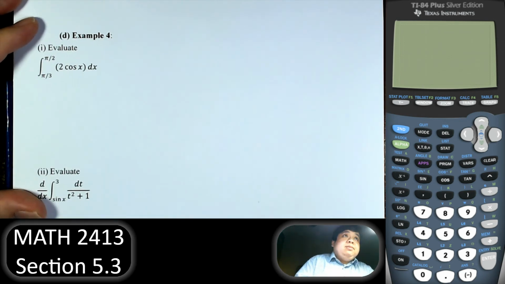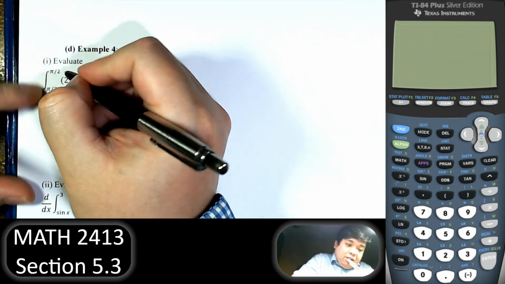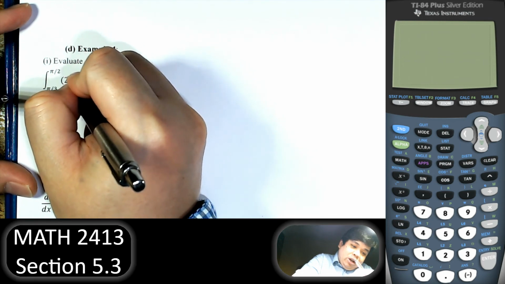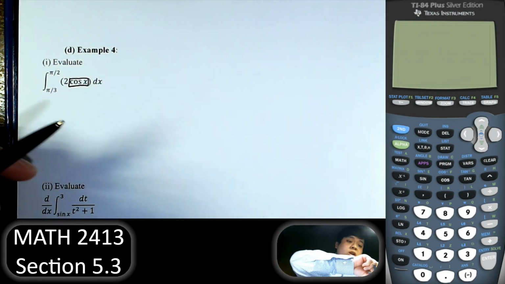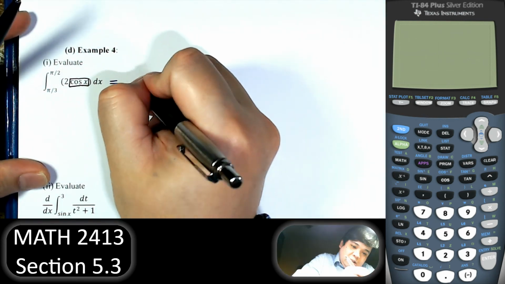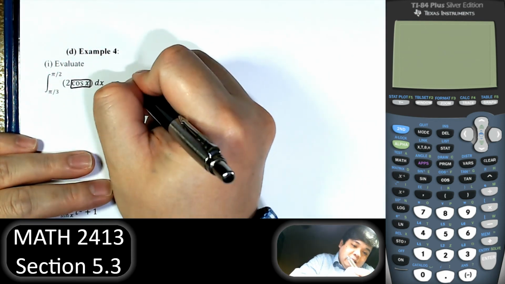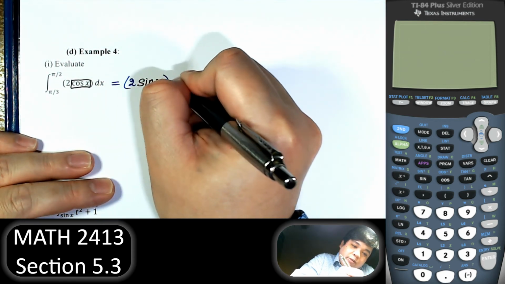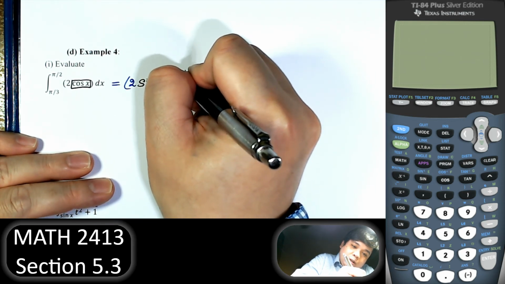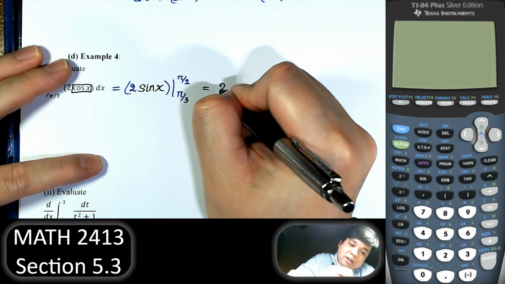Evaluate this. First, we don't have the limit or the derivative here, so this is just the fundamental theorem of calculus. We integrate. The integral of cosine is sine, and there's a 2 in front of it. Evaluate from pi over 3 to pi over 2. Put in the upper limit.